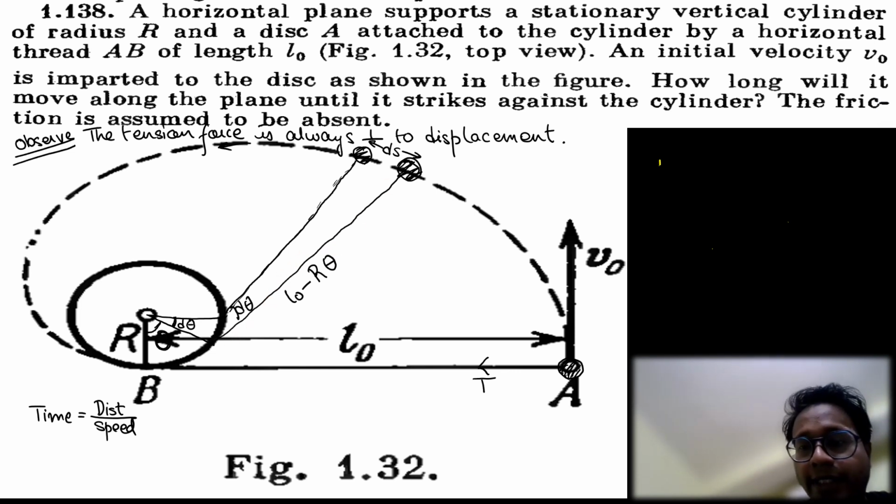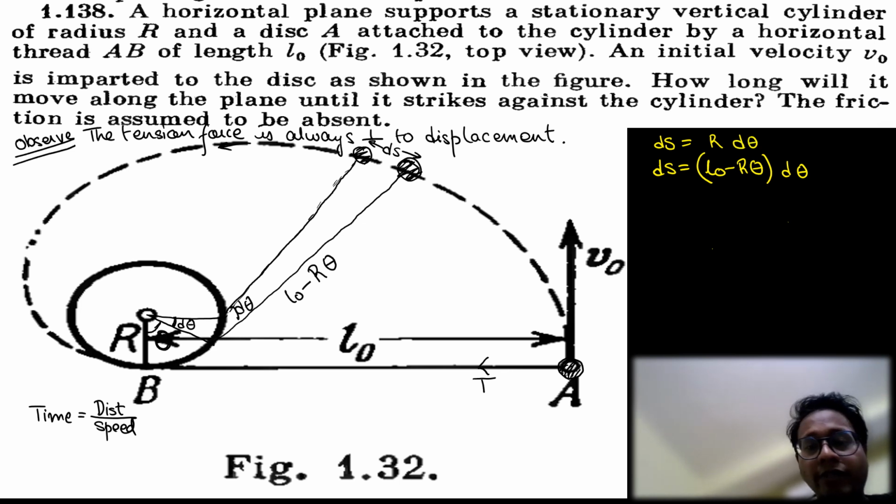Can I simply write ds, elemental length, is equal to L naught minus r theta into d theta? And how did I arrive at this relation? ds is equal to r d theta, you obviously know.